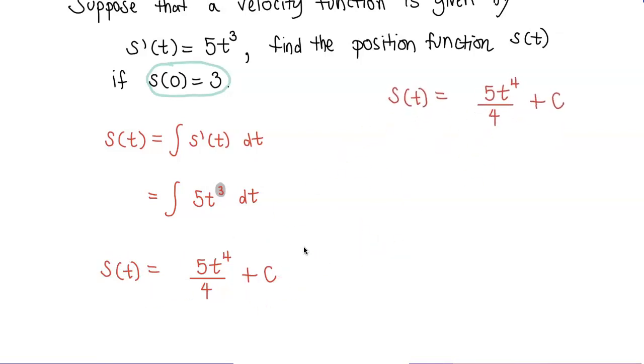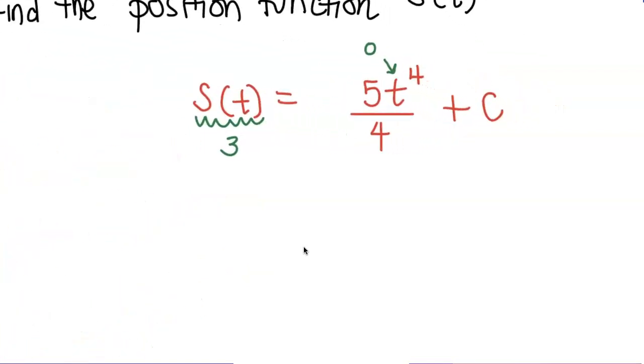What we know is that when we plug in 0 into t, that function will turn into 3. So here's the substituted equation: 3 equals 5 over 4 times 0 to the 4th power plus c.